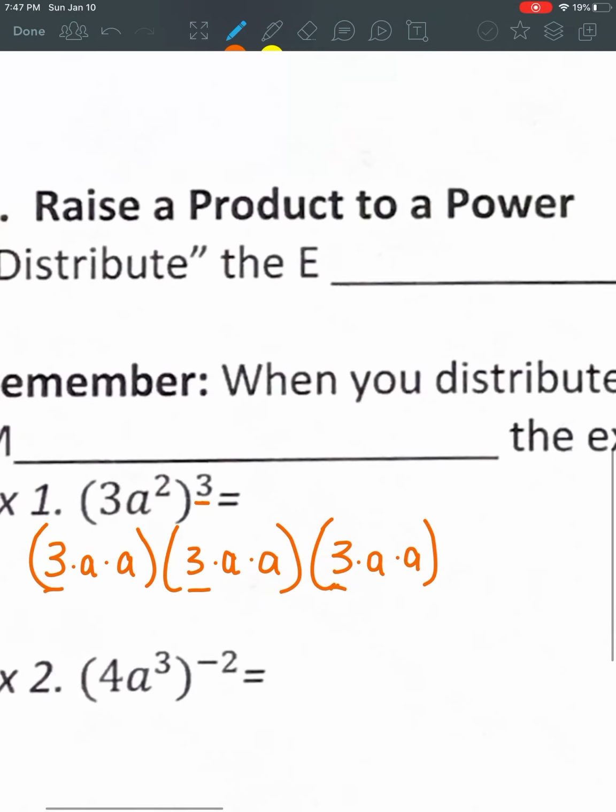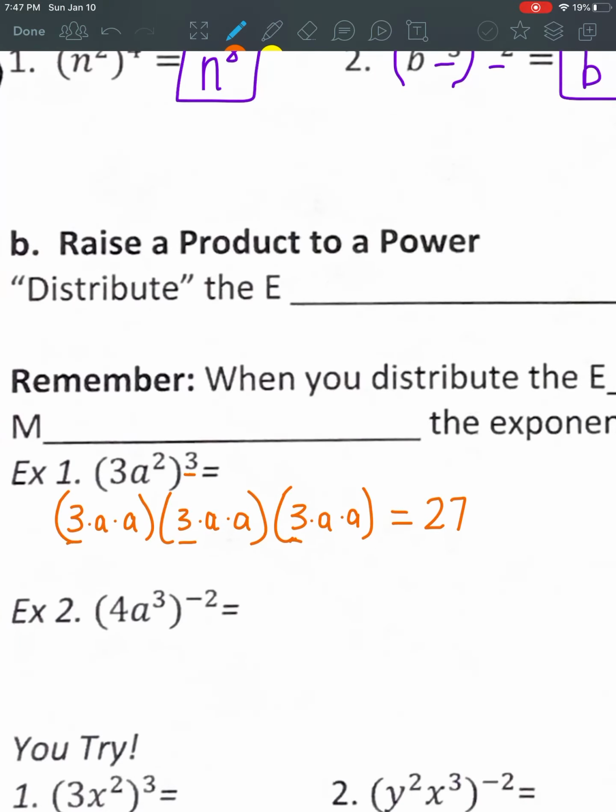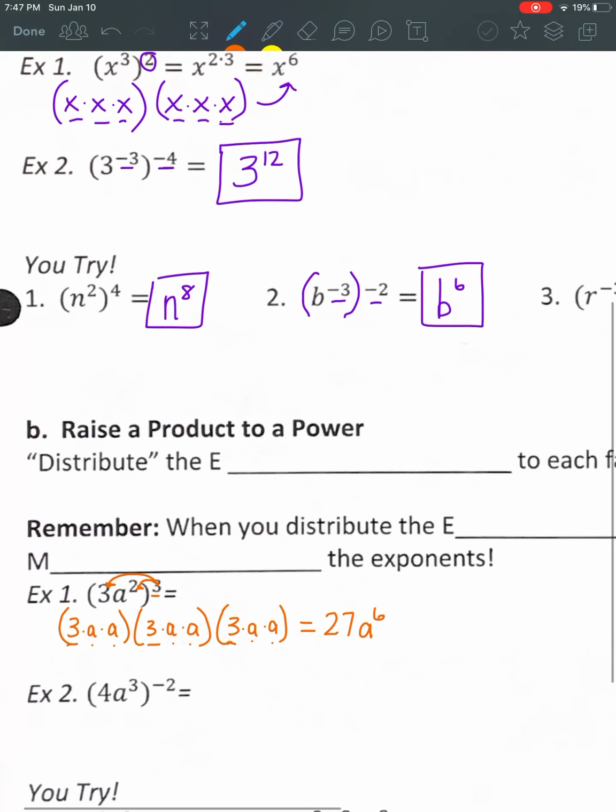We'd have 3 times 3 times 3, which is 27. 3 times 3 is 9. 9 times 3 is 27. And then we have 1, 2, 3, 4, 5, 6 a's. So we'd have a to the 6th. So notice what we just did. We cubed this 3. So the exponent 3 goes to the 3, and it also gets multiplied and distributed to that a to the 2nd.